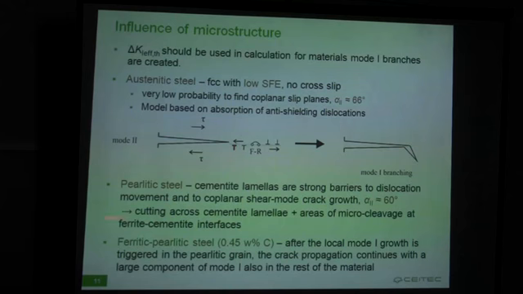And the experimental results from the ferritic-pearlitic steels show that the behavior is similar to that of the pearlitic steel and not to the ferritic steel. And so this means that in the pearlitic grain, once mode 1 is triggered, it continues also in the rest of the material.